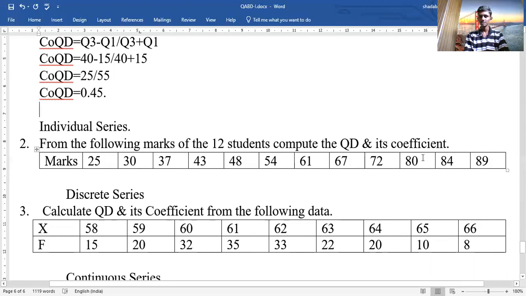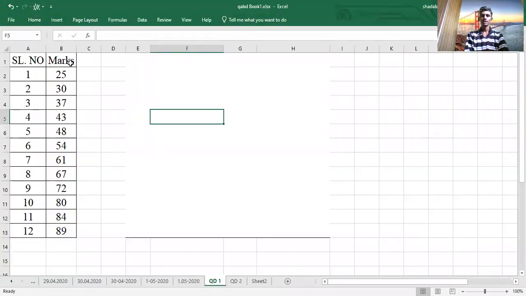Based on this, we have to calculate quartile deviation and its coefficient. Now we will write down the serial numbers. There are 12 students, with marks from 25 to 89, which we have written here.